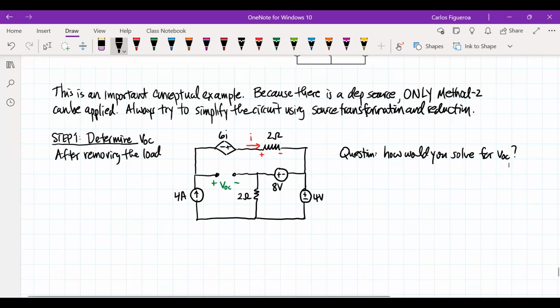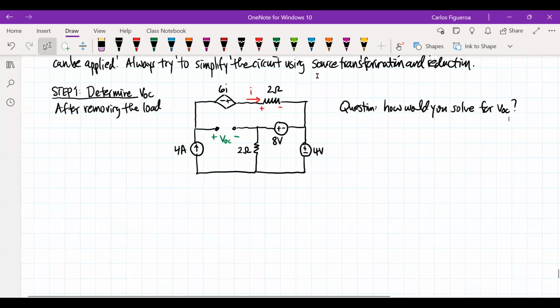And in this situation, I'm actually going to use simple circuits. And the reason why I think this is a good way of doing it is because look at the open.